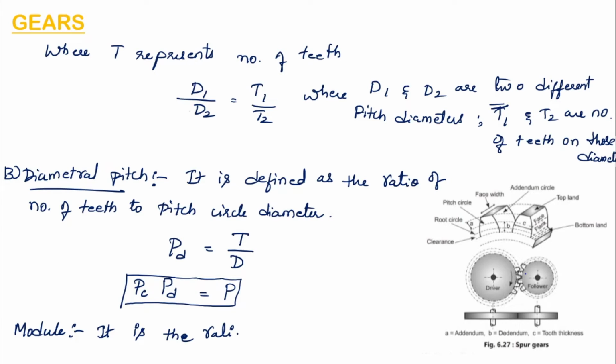So module m = d by t, or we can write it as PC, that is pitch circle diameter by the pitch, or pitch circle diameter is equal to pitch into module.